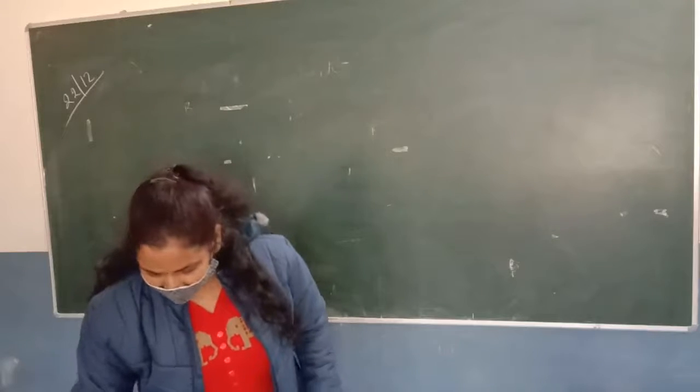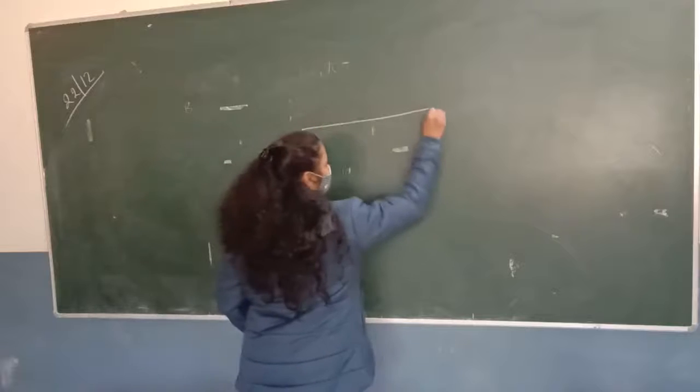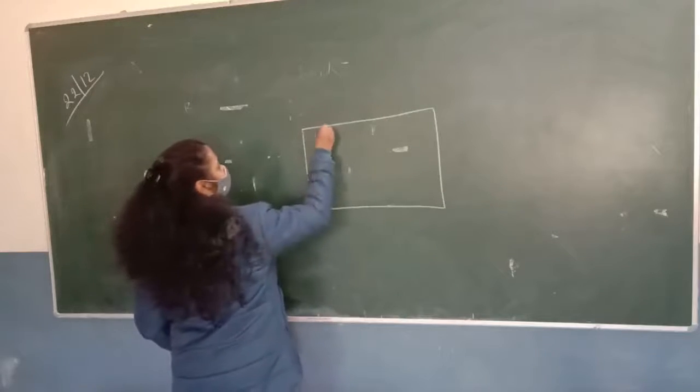Next question, question number 11. This is a figure of the question. This is a handkerchief and it has 9 circles like this.